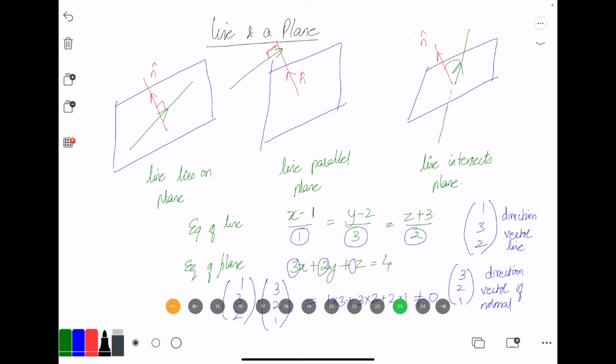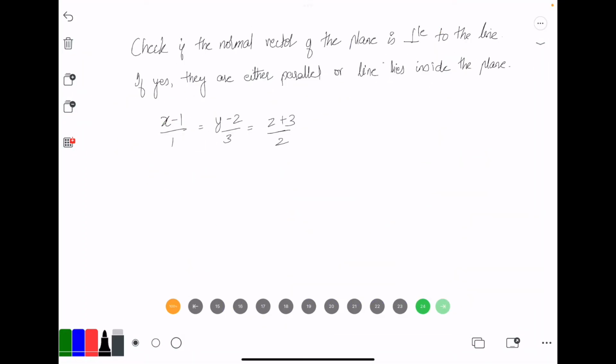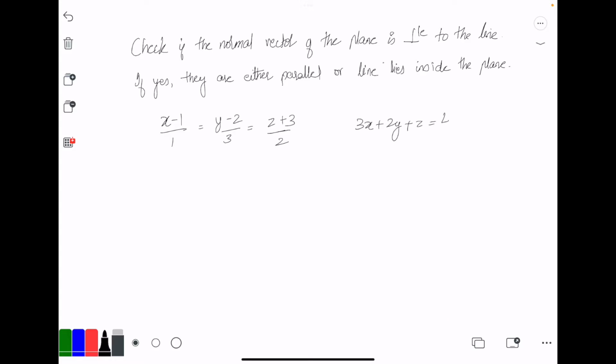So we have the equation of the line as follows, and the equation of the plane as follows. So how do we solve this? We solve this by equating the equation of the line to lambda. Now we get x as 1 into lambda plus 1, which is lambda plus 1, y as 3 lambda plus 2, and z as 2 lambda minus 3.